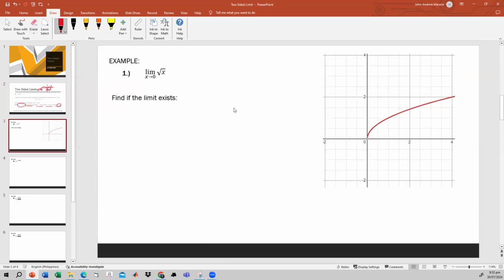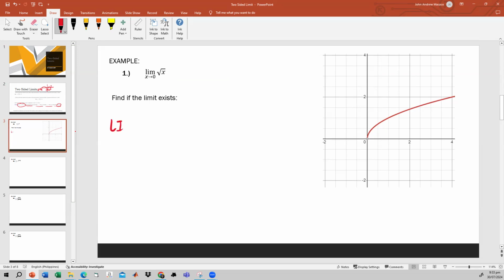But what if we have this now? For example, we're asked for the limit of square root of x as x approaches 0, and we're asked to know whether the limit exists in this given function. In that case, we can actually use the two-sided limit, or the theorem that I've discussed.